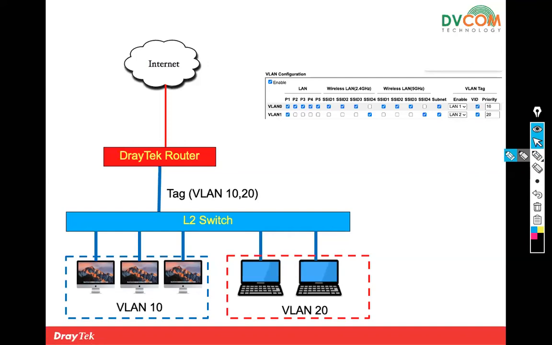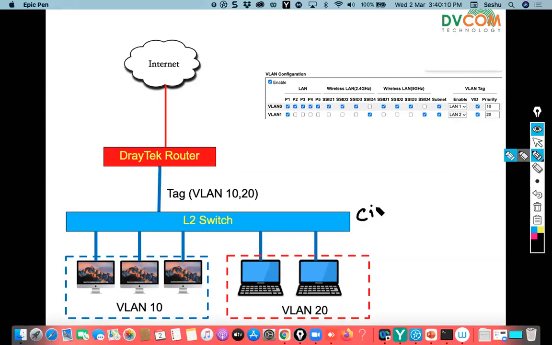Let's say this is a Cisco switch, or an HP switch, or a D-Link switch, or a TP-Link, or maybe a Huawei switch. He configured multiple VLANs. Let's say here VLAN 10 and VLAN 20, for example.